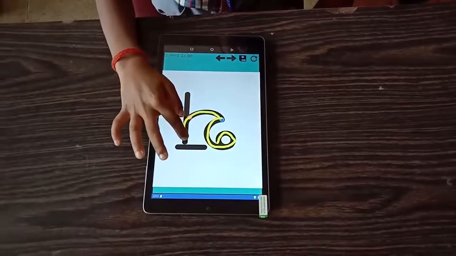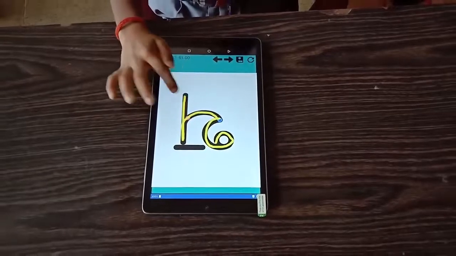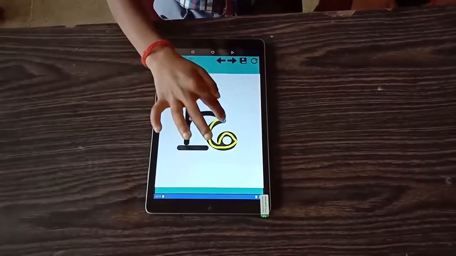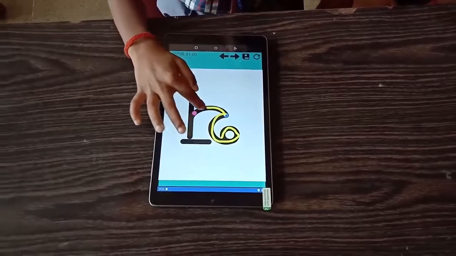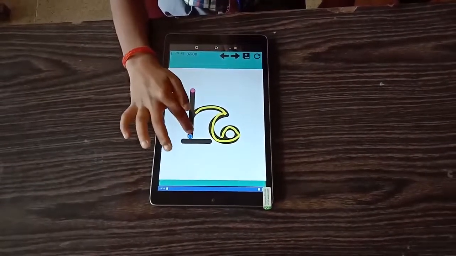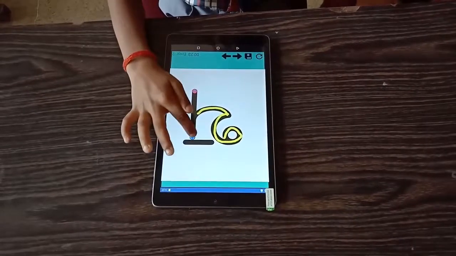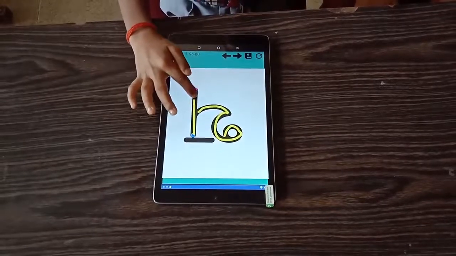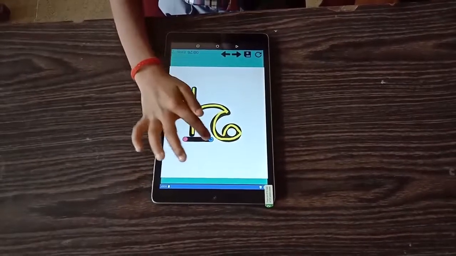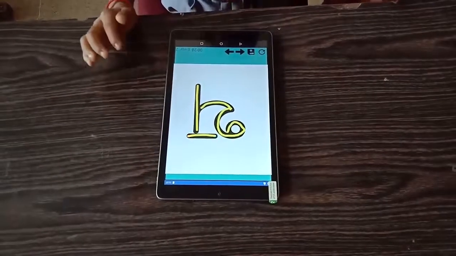And especially with children who have dysgraphia, their fingers will exceed the boundaries that are set for these Hindi letters. So the moment the finger deviates from the tracing arena, the yellow trace will disappear, and once again the blue and the pink dots will appear, and the child will be asked to trace it again.